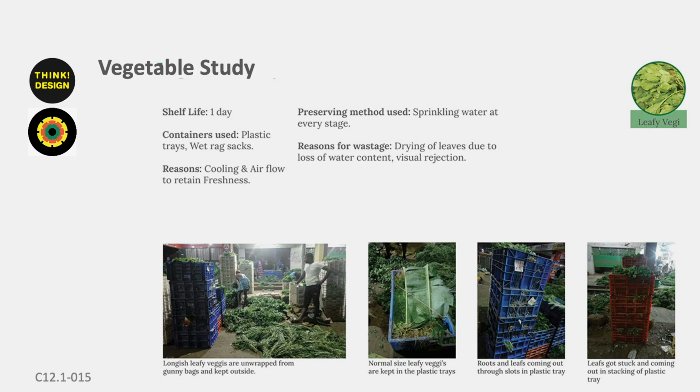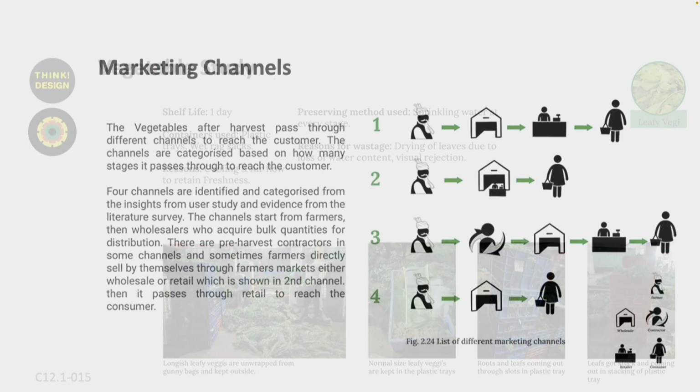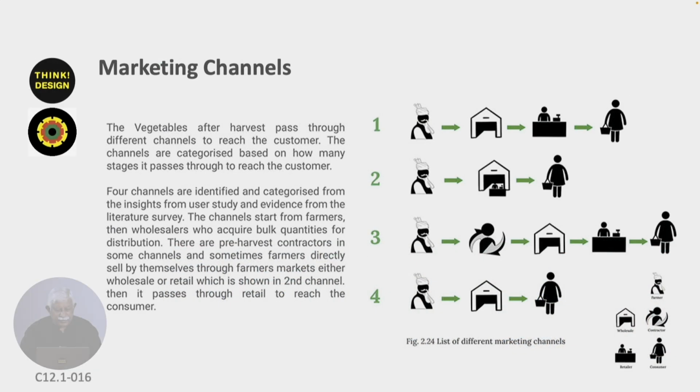Some more studies on that. You can see different methods of trying to store it. The marketing channels are different for different regions and different vegetables. You have the farmer; is there a storage place? Sometimes there is, sometimes not.